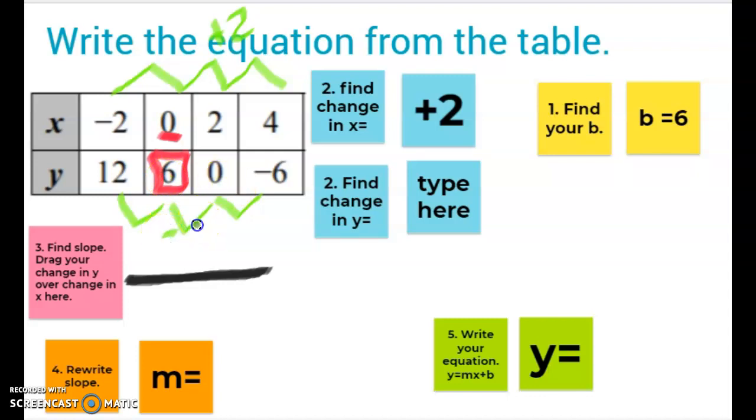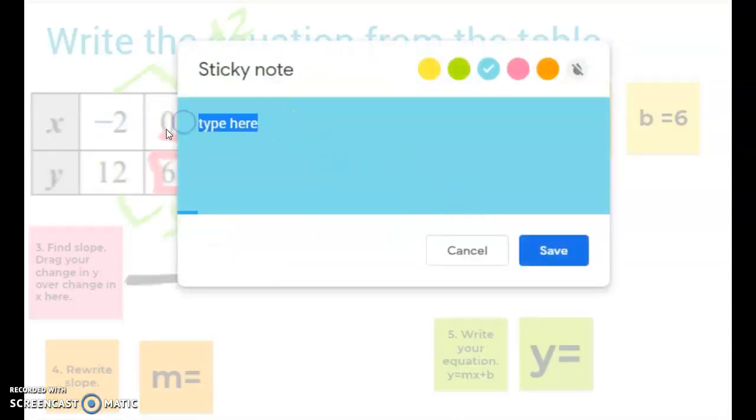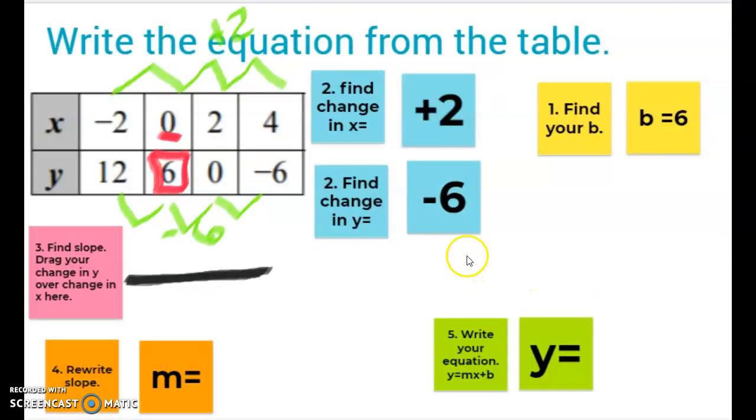So I'm going to do minus 6 on my Y side. If I look back over here, 12 minus 6 does give me the 6 that I needed for the next spot. So I'm going to update my type here. It's a minus 6.